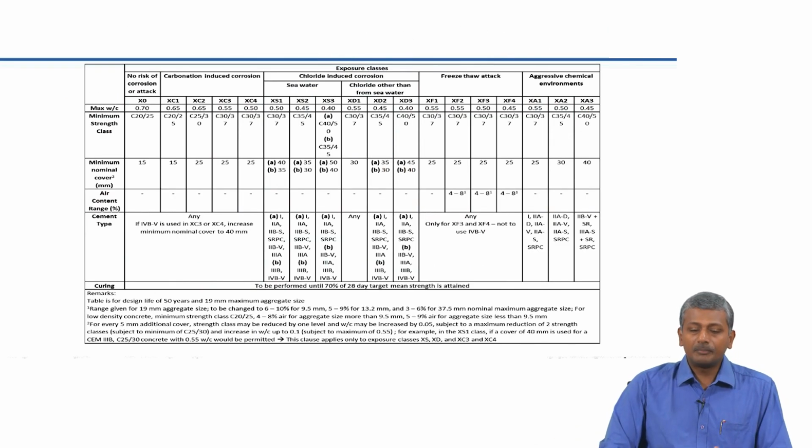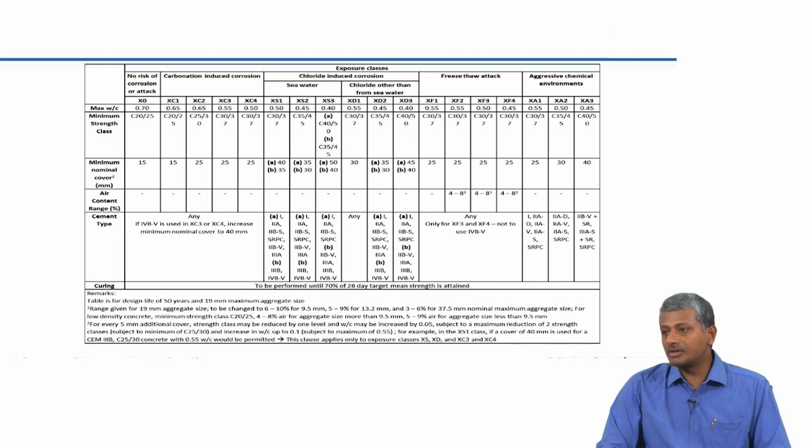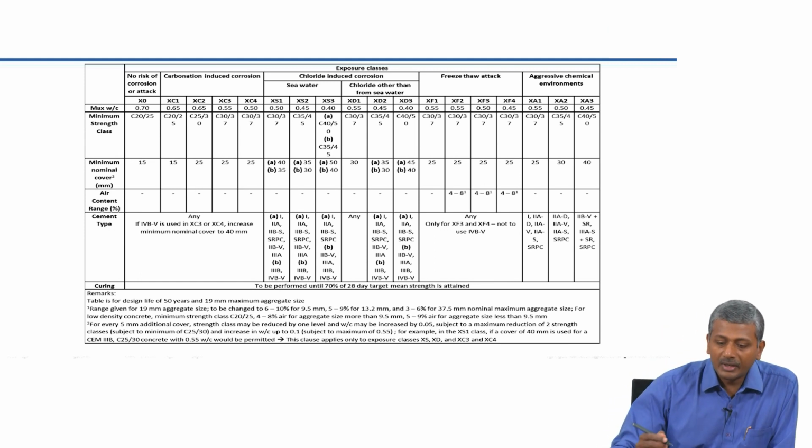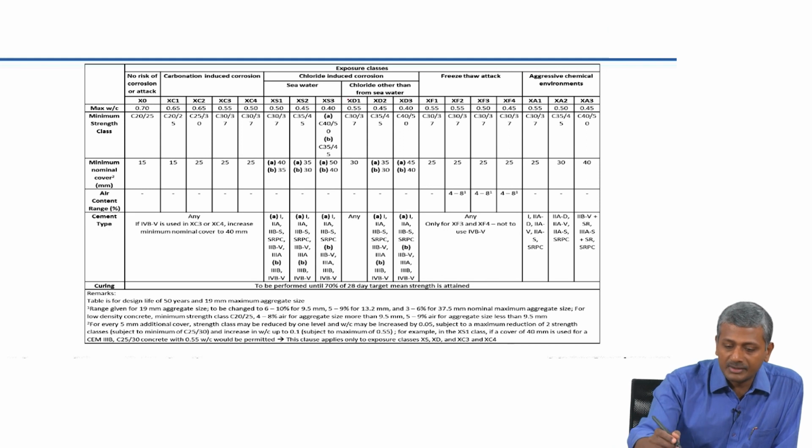Now, the table that they provide for the prescription for the different types of cements to be used and the quantity of the cement and so on, and the water to cement ratio, etc., it is a little bit more intricate as compared to what we have in the IS 456. I will just take a look at one or two of these strength classes. So, again, as I said, they have different exposure classes.